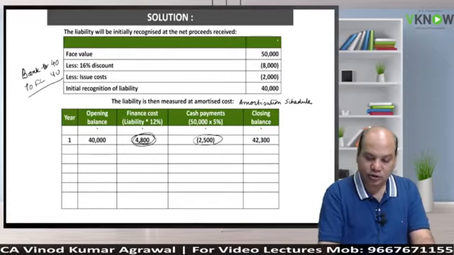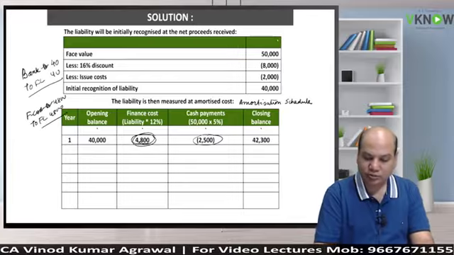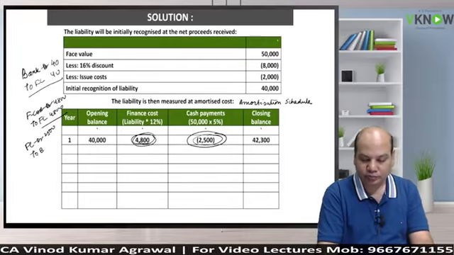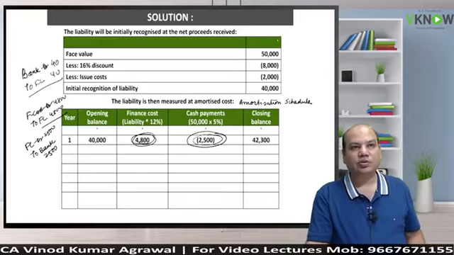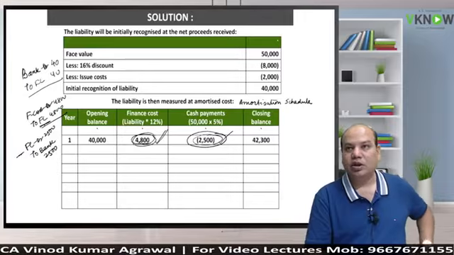Entry for this will be finance cost account debit 4,800 to financial liability 4,800. And the entry for this payment will be financial liability debit 2,500 to cash or bank 2,500. So automatically what happens? When I am crediting financial liability, I am adding it here. When I am debiting financial liability, I am deducting it here.